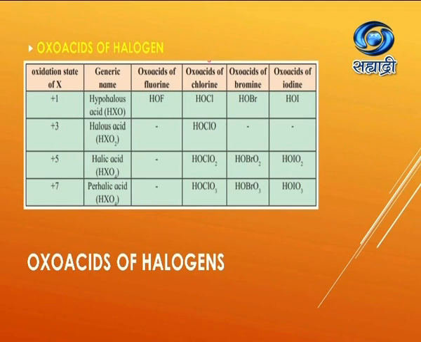Formula is HXO. In +3 oxidation state, they form halous acid of the formula HXO2. Then in +5 oxidation state, halogens form halic acid. Formula is HXO3. And in +7 oxidation state, halogens form perhalic acid. Formula is HXO4.